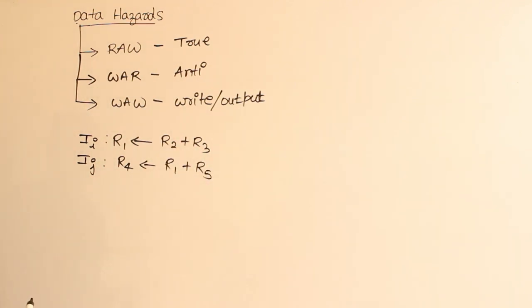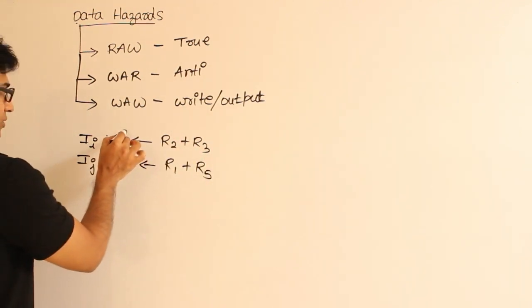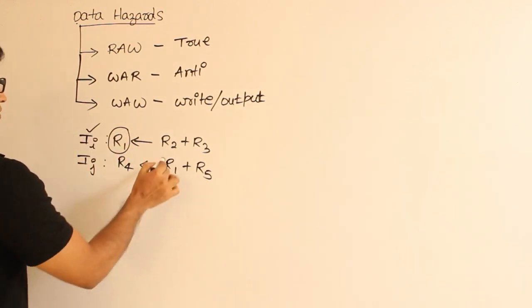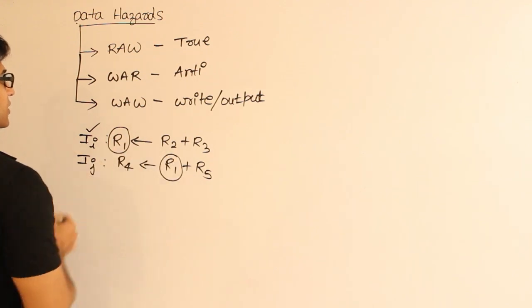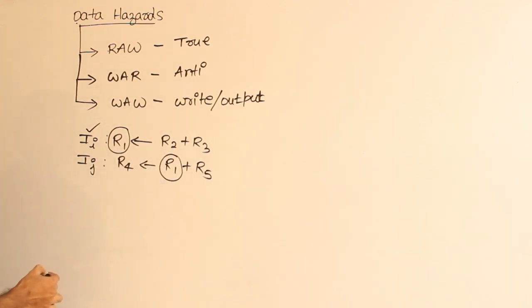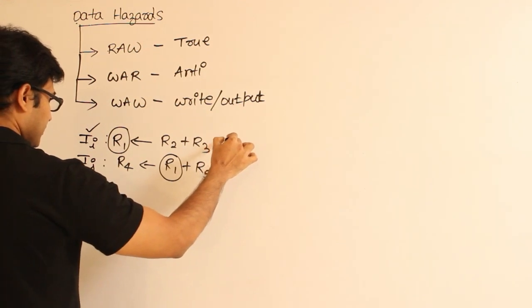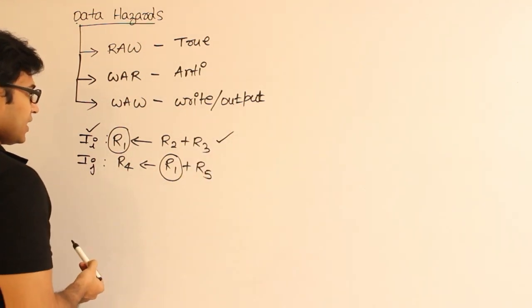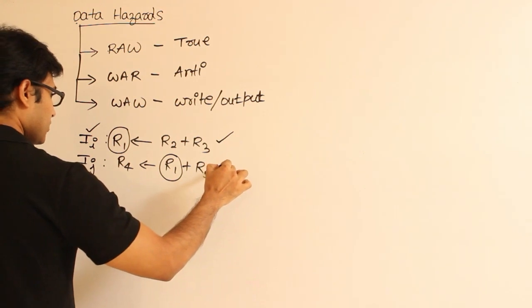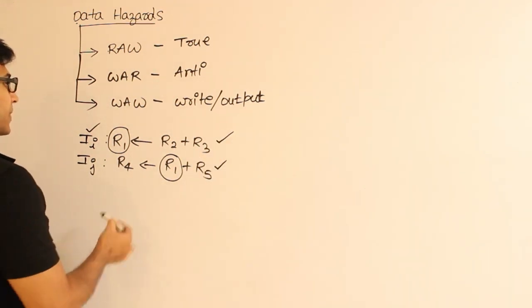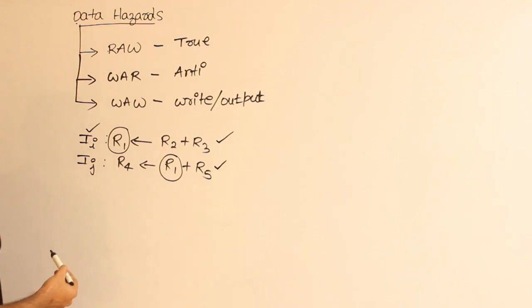Whatever is computed into R1 by instruction Ii is used by the next instruction Ij, right? The problem is, if Ii has not yet completed and Ij tries to read that value, it will read a wrong value.